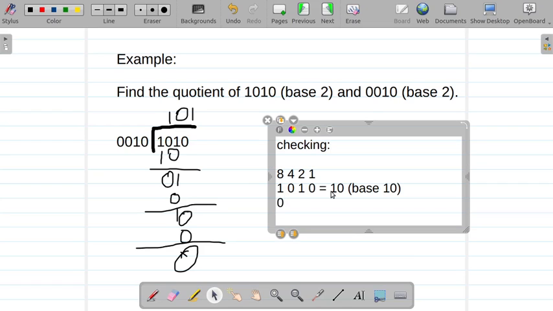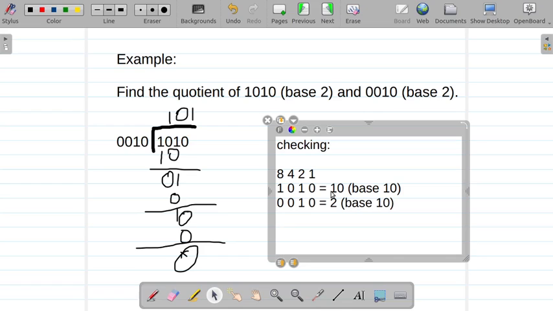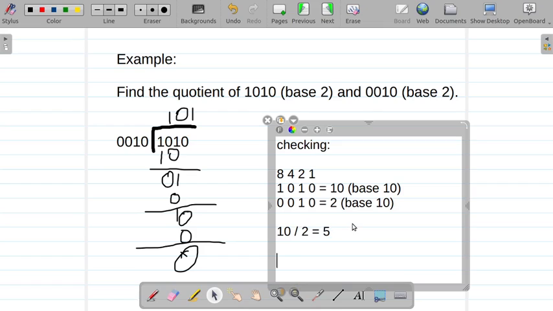Then 0010 is just equals to 2 base 10. So 10 divided by 2 is just equals to 5. So check na to in decimal dapat.